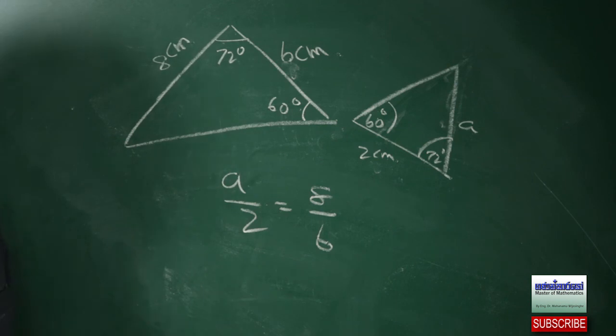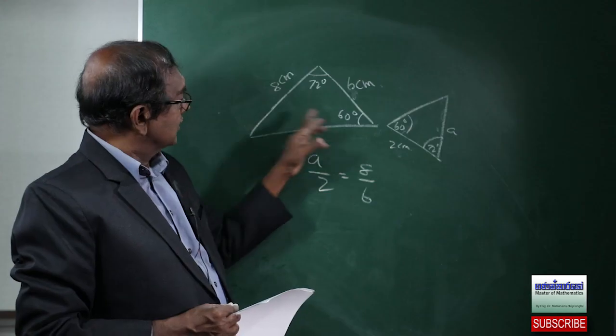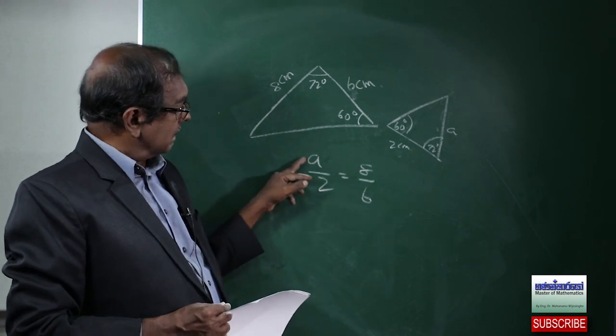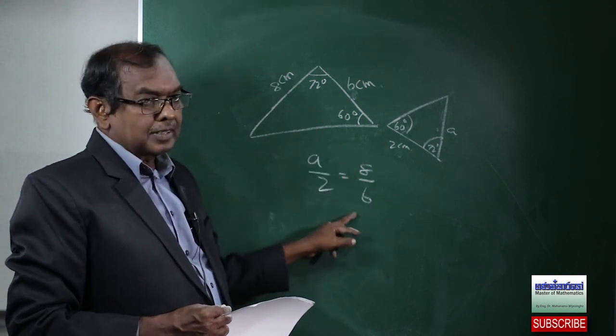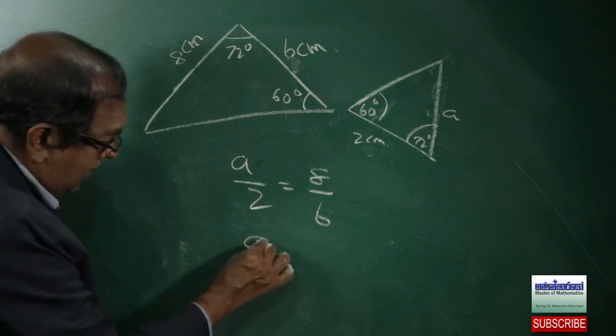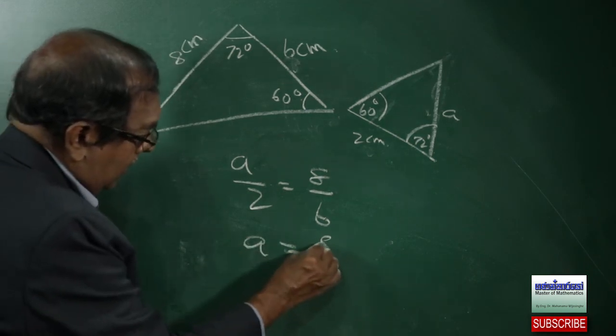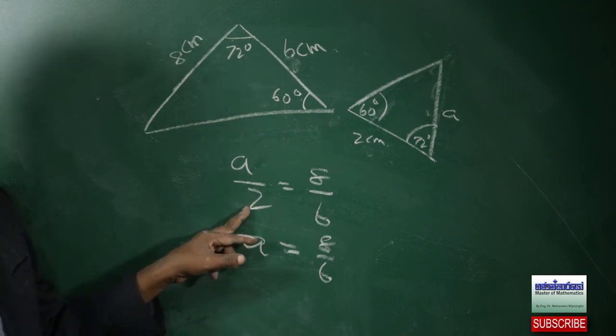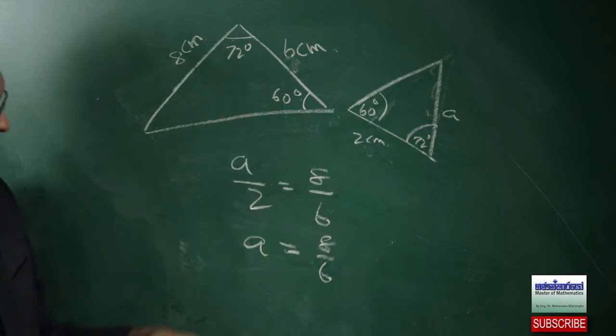Then we can use the words also. I have directly mentioned that A divided by 2 equals 8 divided by 6. Then A equals 8 divided by 6. When we take this division to the other side, it will be multiplication.